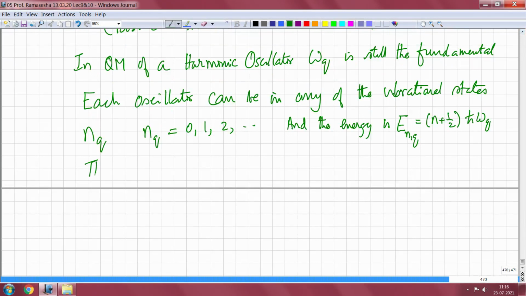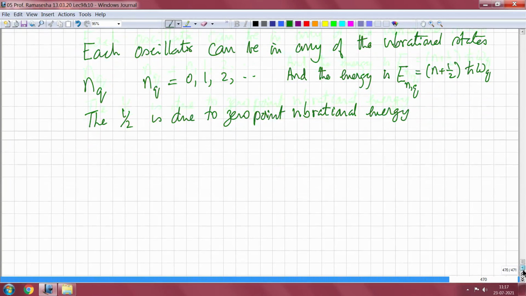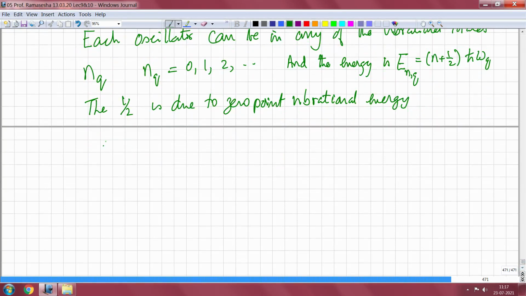The half is due to 0 point vibration. So a harmonic oscillator has a 0 point vibrational energy, and that is given by half h cross omega q. So if you look at a solid, then you have q going from minus pi by a less than or equal to pi by a. So there are n values for each mode.